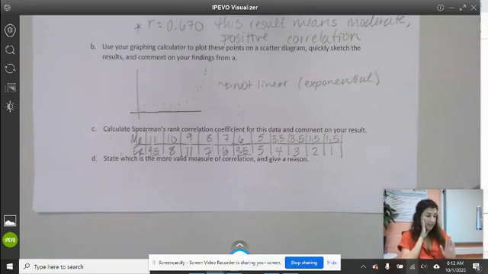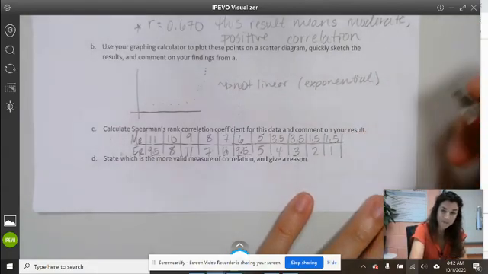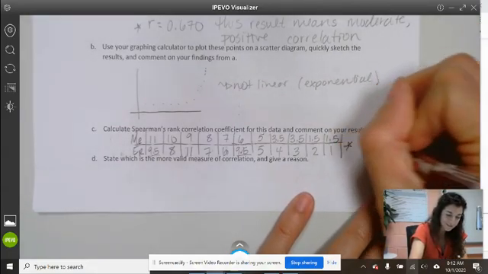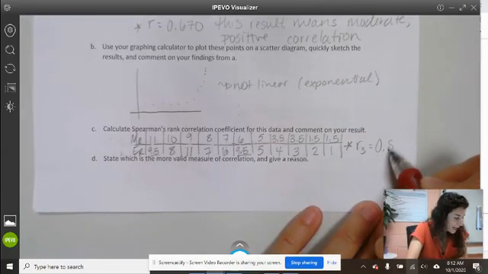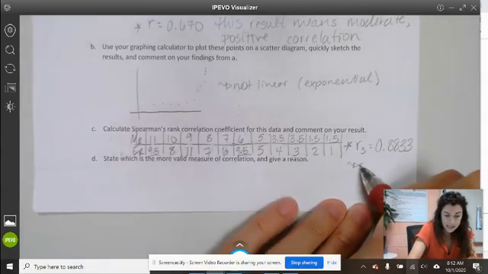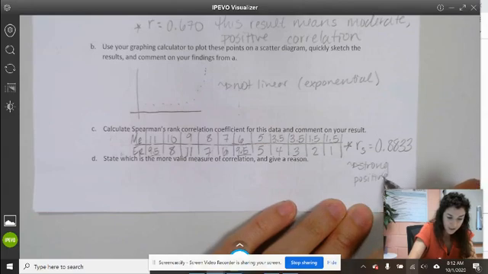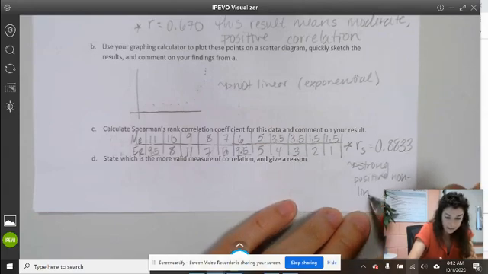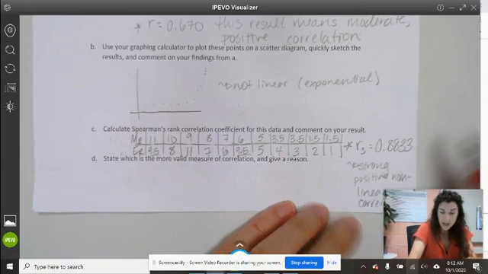All right, now that you have this data, I would like for you to find your Spearman's rank correlation coefficient. You should have gotten 0.8833, which indicates a strong, positive, non-linear correlation.